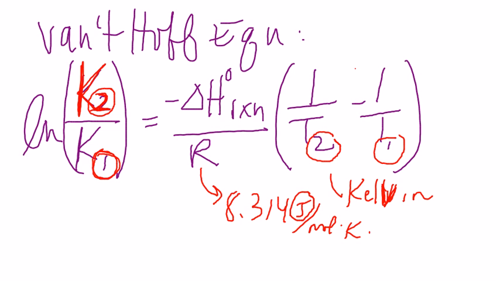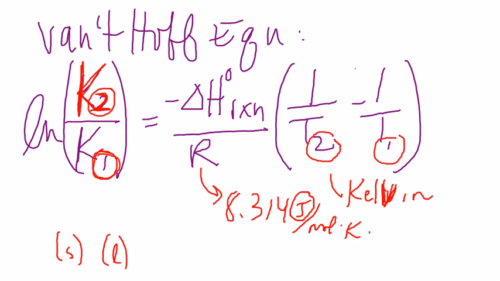You can change the pressure, if it's a gas, by affecting the volume. Remember that solids and liquids don't appear in the equilibrium expressions, and because of that, pressure has very little effect on solids and liquids. So pressure can affect a gaseous system. And temperature can also affect the equilibrium constant.